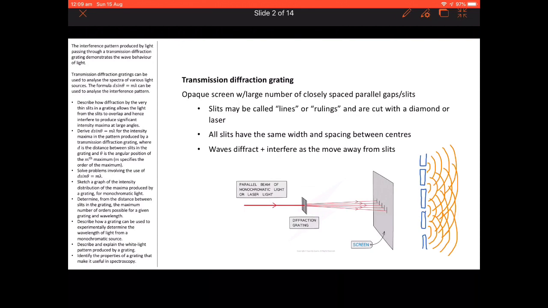At other points you'll get a crest of one wave meeting with a trough of another wave, and when they superimpose, so when they interfere, they'll interfere destructively and cancel each other out.